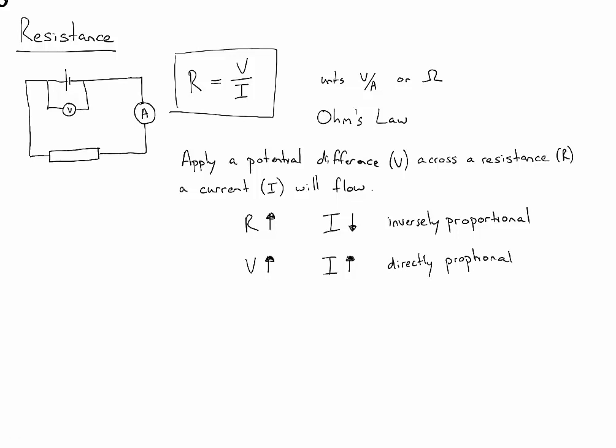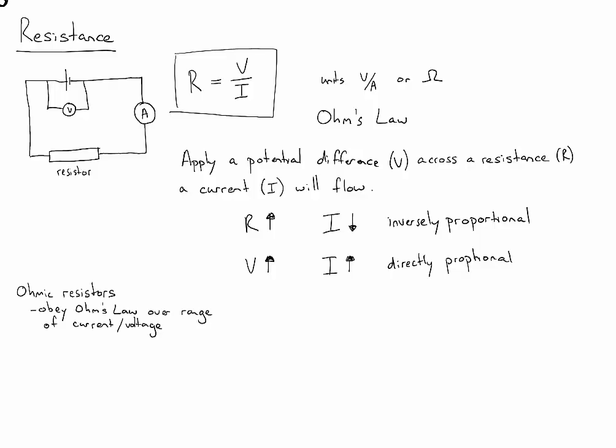Some loads, such as resistors, like the one we have up here, obey this law, so their voltage is proportional to their current over a specific range of currents. We say that they are ohmic resistors in that range.